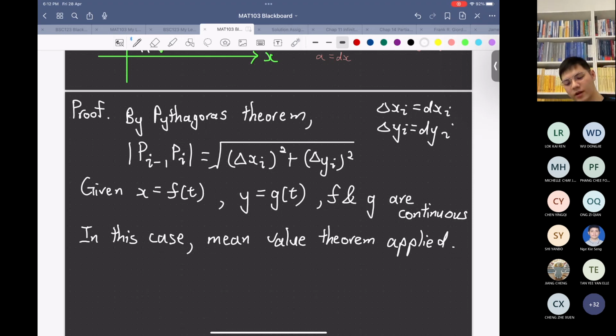Okay. So why do we like the mean value theorem a lot? Because the theorem can help us relate the point on the function to its gradient.